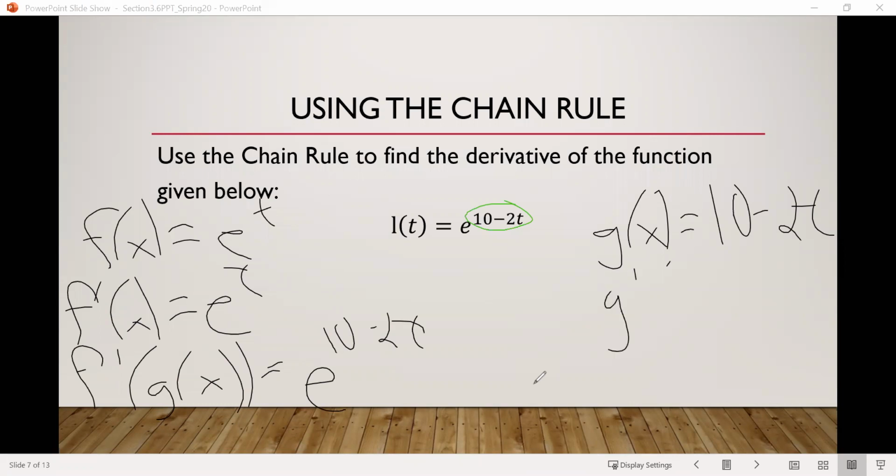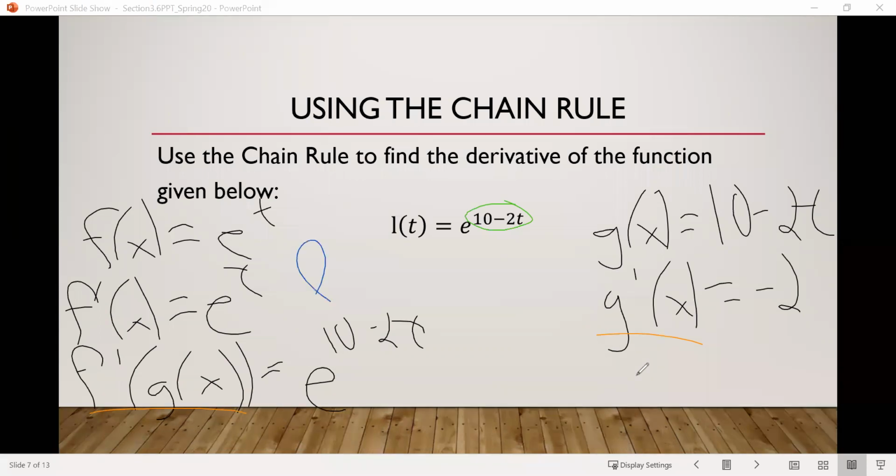Then we find g prime. Let's take the derivative over here, again using our fact that the derivative of a constant is 0. The derivative of negative 2t using our power rule would just be negative 2. And then we multiply those two things. So we do f prime of g of x times g prime of x to get our derivative.